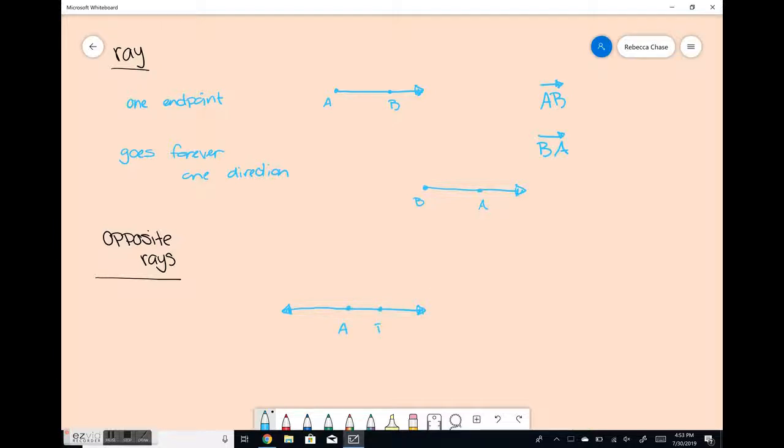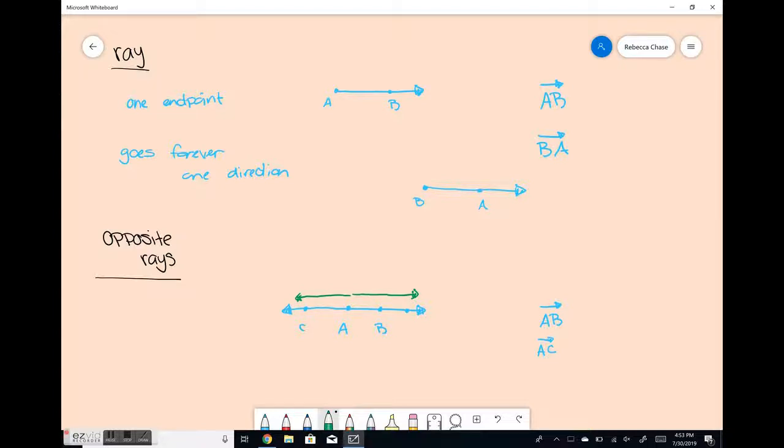Opposite rays would be ray AB and ray AC. Because if we look at AB, AB is going that direction forever, and AC has that same endpoint. A is still the endpoint, but it's going the opposite direction.